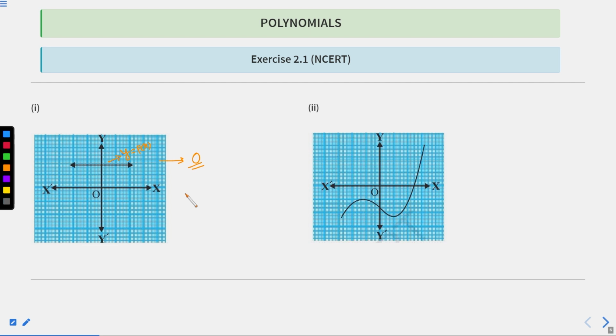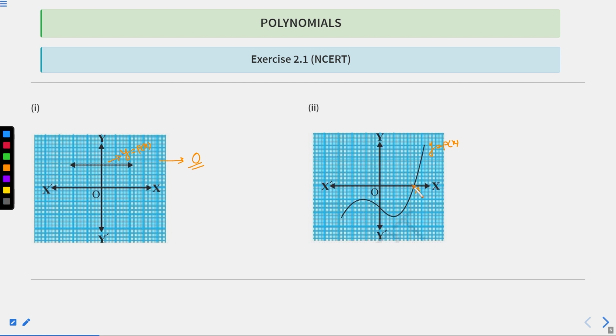And if we see figure number 2, here you can see the graph of y equal to p of x cuts the x-axis at some point. Okay, I'm naming this point A. So here the graph cuts the x-axis at exactly one point.